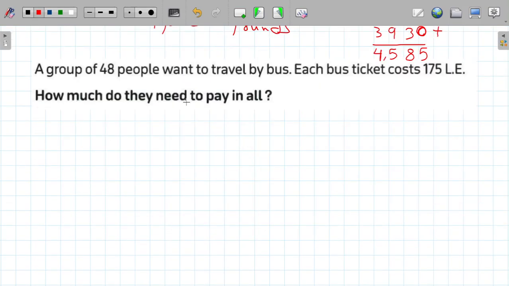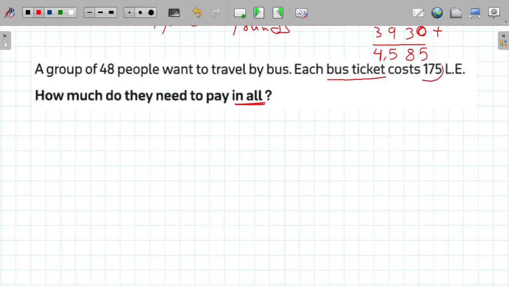I have a group of 48 people who want to travel by bus. Each ticket costs 175 pounds. How much do they need to pay in all? So I want the total again, but I have repeating for the price of the ticket.